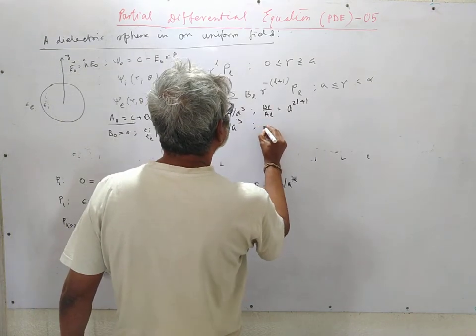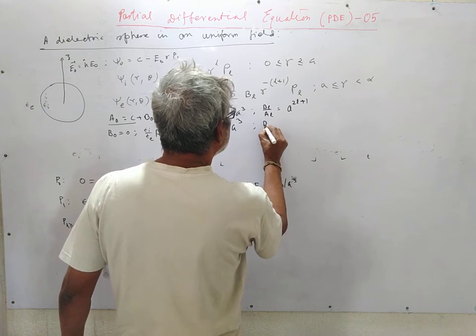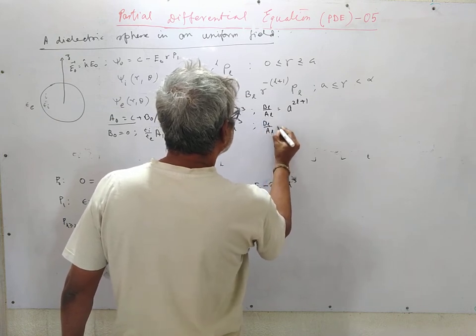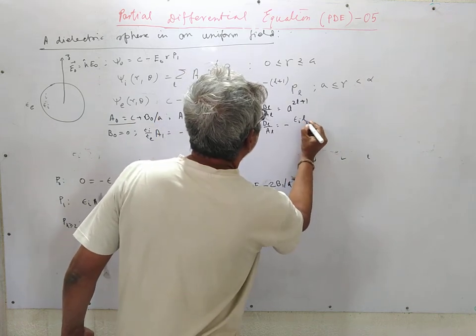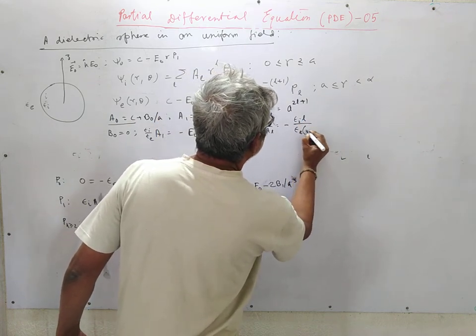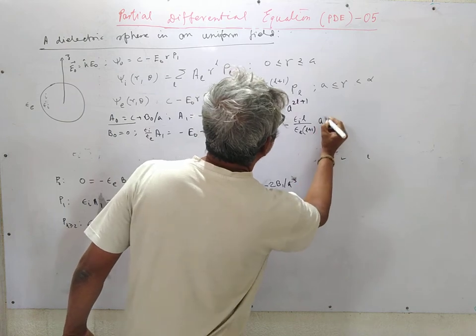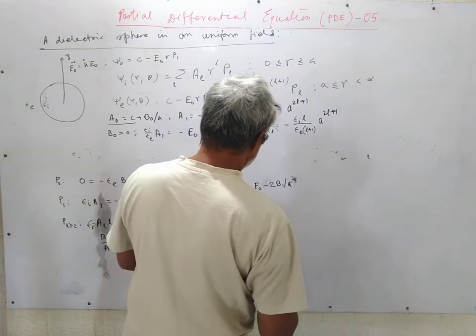And lastly, BL by AL is equal to minus epsilon I L by epsilon E L plus 1 a to the power 2L plus 1.